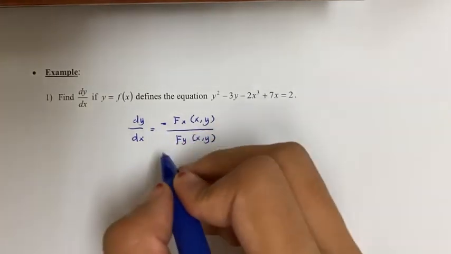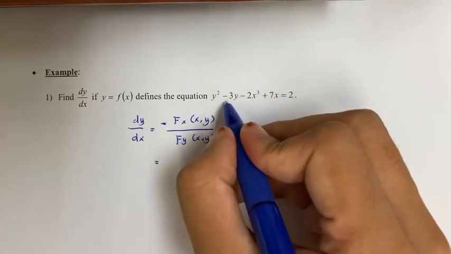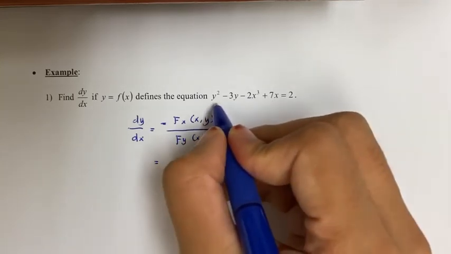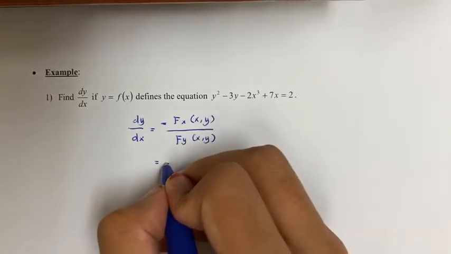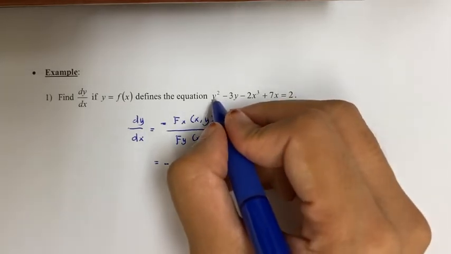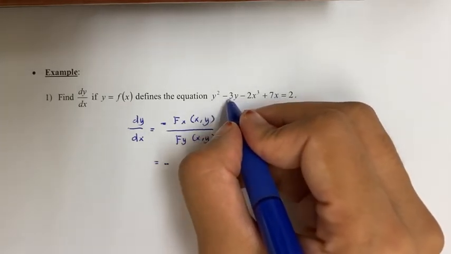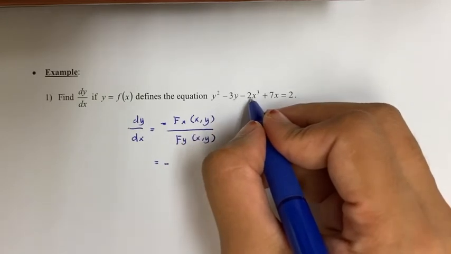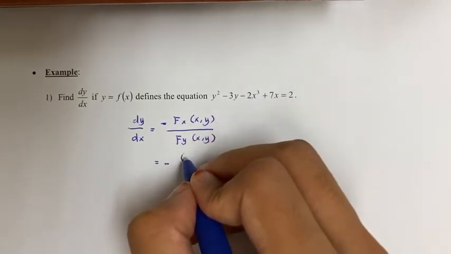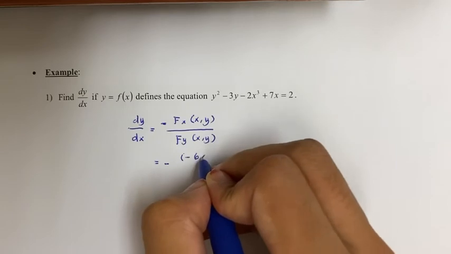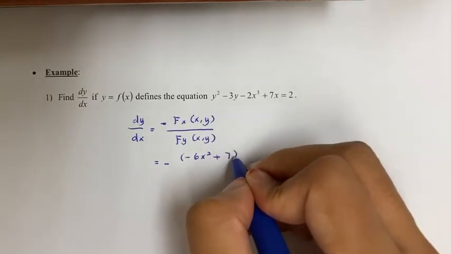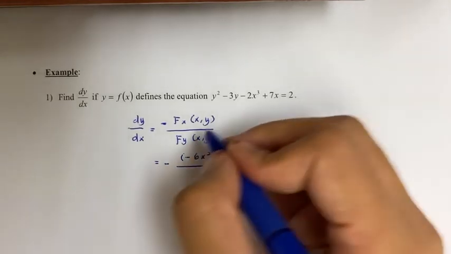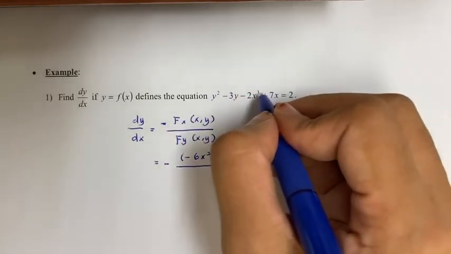Okay, so this is equal to, okay, so from here, differentiate this with respect to x first. So you have minus sign here. So for this one, with respect to x, you have 0 here, you have 0 here, and then for this one, you have minus 6x squared plus 7 divided by differentiate f(x,y) with respect to y.